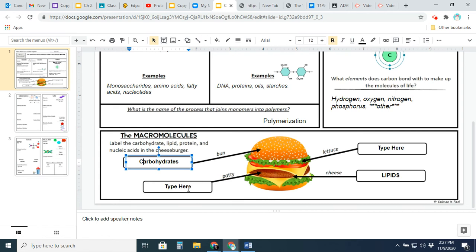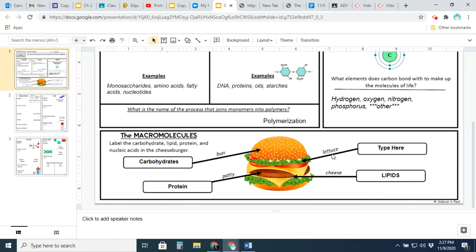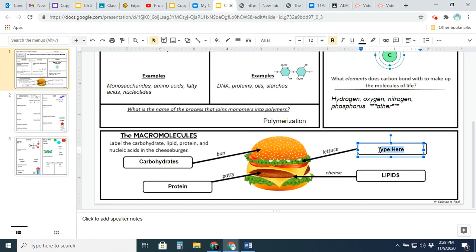Now, the patty itself, the meat patty here, this is primarily going to be the macromolecule protein. Okay, and finally, lettuce is going to give us our nucleic acid. And actually, a lot of things can give you nucleic acid, but for the purposes of this example, we are simply using lettuce.